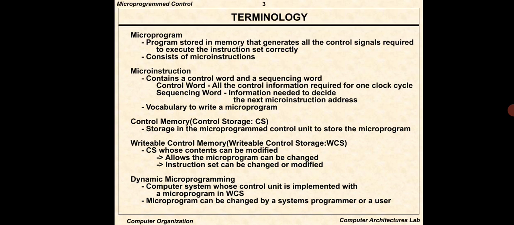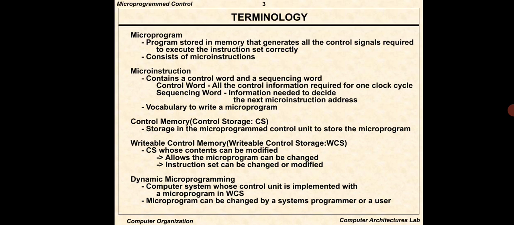My next micro instruction can be the next instruction only, or it can be somewhere in another memory location based upon my control signal. Okay, it needs to go there and execute that micro instruction. That detail you will get from the sequencing word. So what happens? Your micro instruction has two fields: the control word field and the sequencing word field.